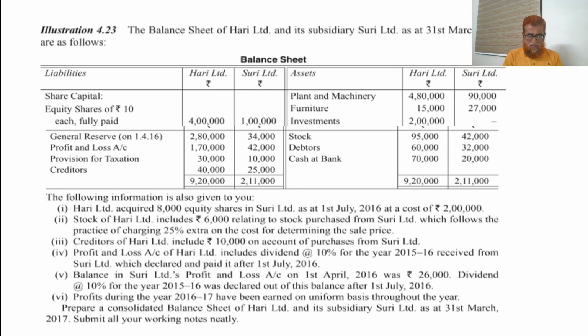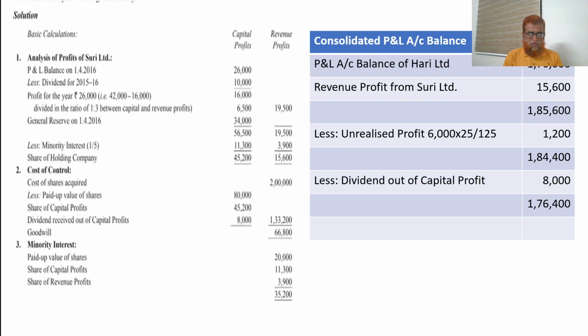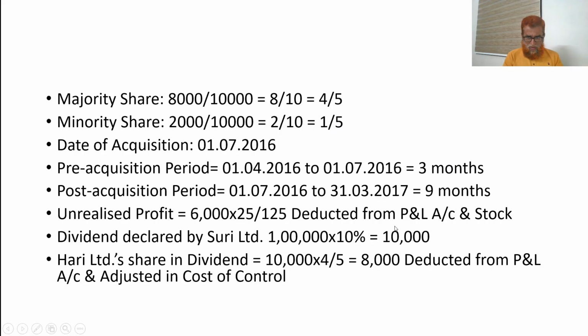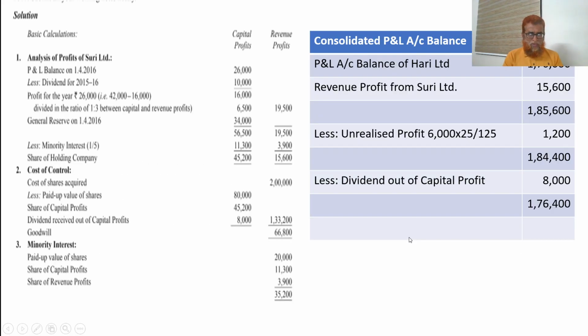26,000. See here, it is given in the problem. Balance in Suri Limited's profit and loss account on 1st April 2016 was 26,000. That is what we have written here, 26,000. Then the dividend for the year 2015-16, that we just calculated, this amount, 10,000, should be deducted.